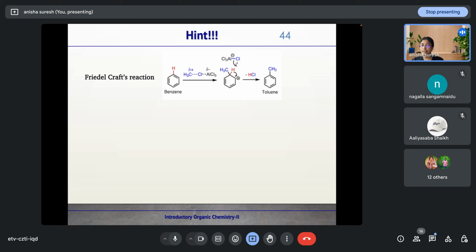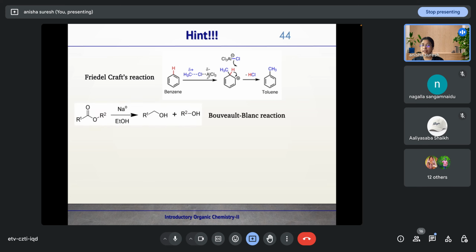So this is a Friedel-Crafts reaction, as we have seen in the first week. So benzene, upon reacting with AlCl3 and alkyl halide, will give alkylation followed by elimination of HCl, giving this product. So here the reagent is anhydrous AlCl3.